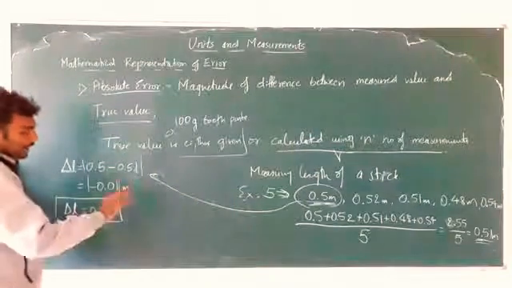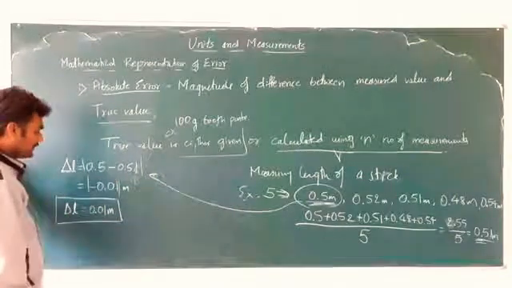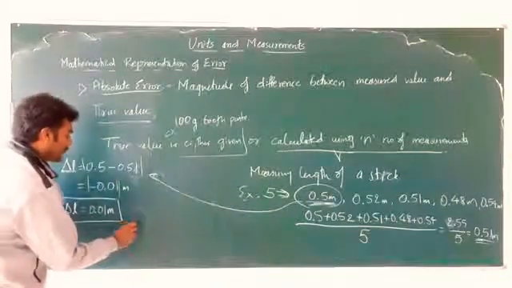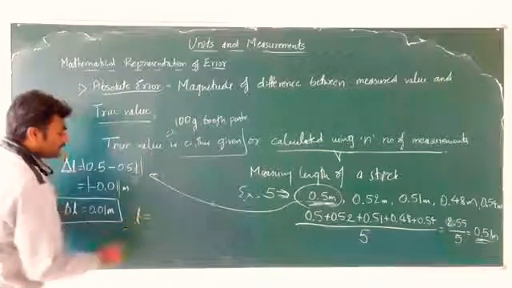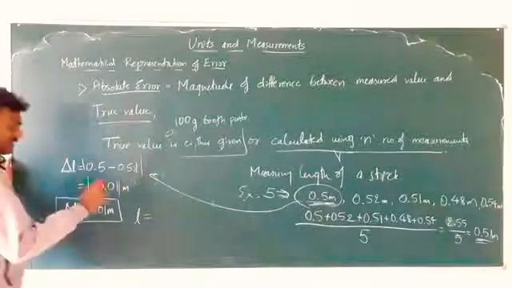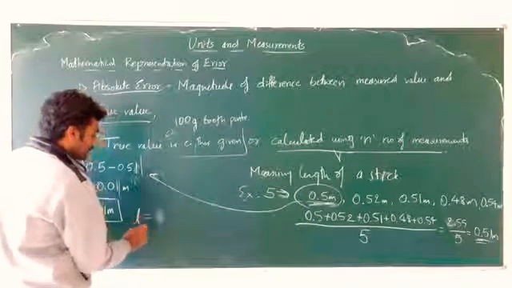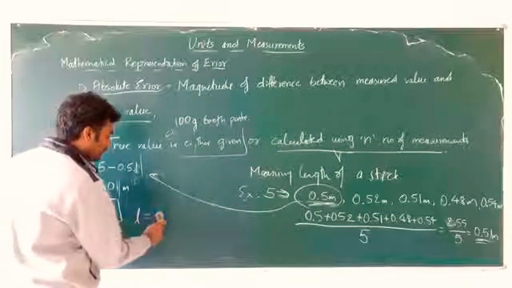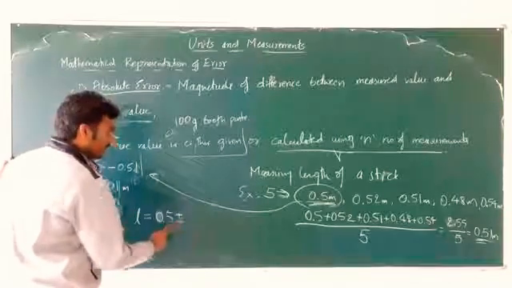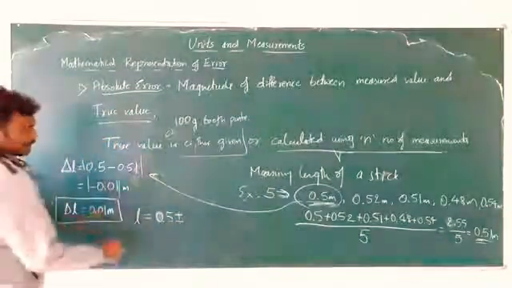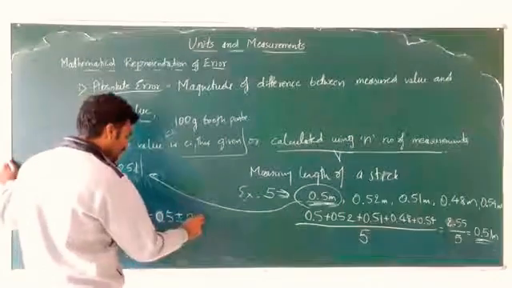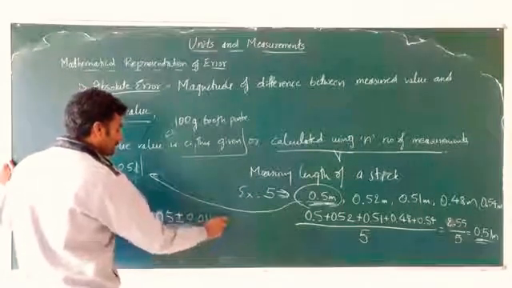Now, how do we represent a certain measurement? A measurement is always represented as L equal to the measured value, which is 0.5, plus or minus the error, 0.01 meter.